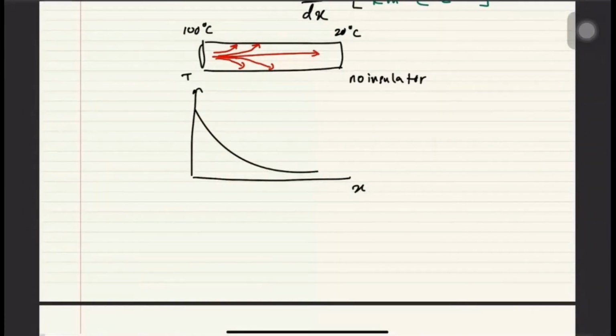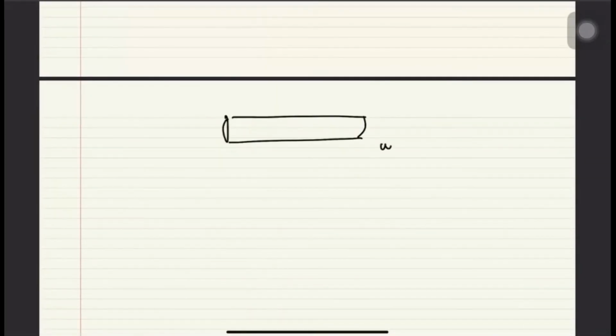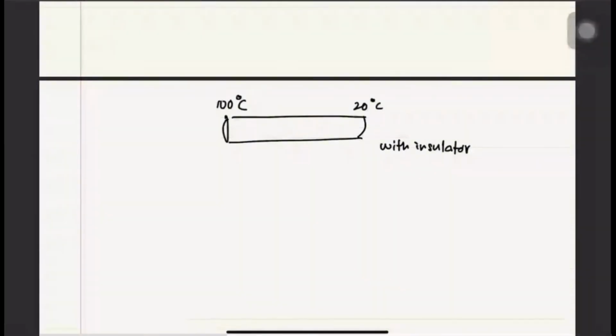If there is an insulator, with insulator, again, the heat will flow from left to right, but this time it will flow straight. Nothing goes out.